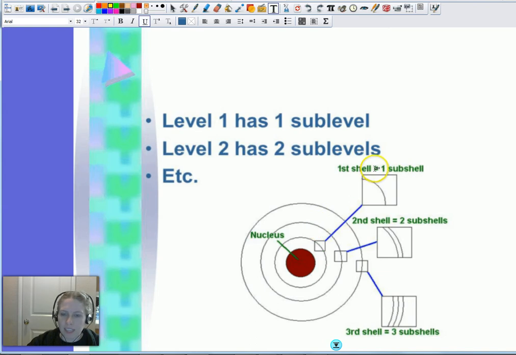And you see, it's kind of like having a house or a building. We have a one-story house here, so one house with one floor. Our second shell we could think of as a two-story house. It's one energy level with two subshells, so two floors.